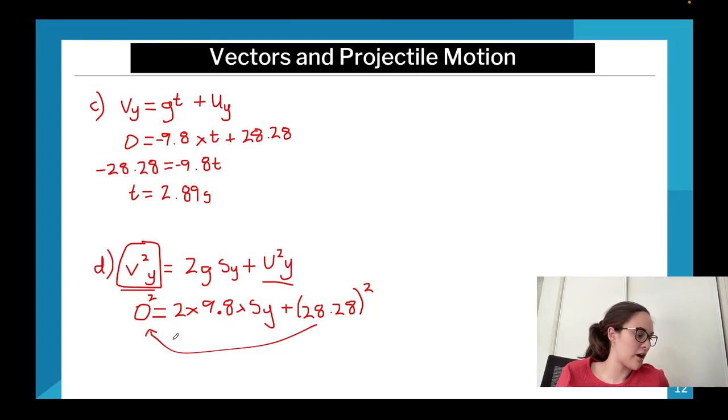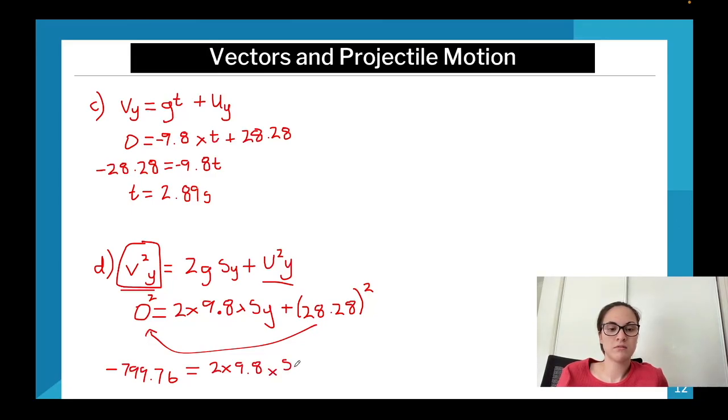That's going to be 799.75, but that's going to be a negative because we're moving it over. Oh, it's actually 0.76. And then we've got 2 times 9.8 times Sy. Yep, and then we're going to divide the other side by 2 times 9.8.